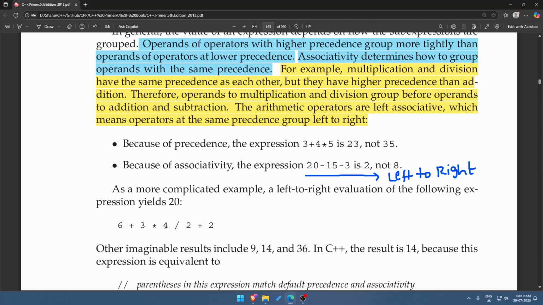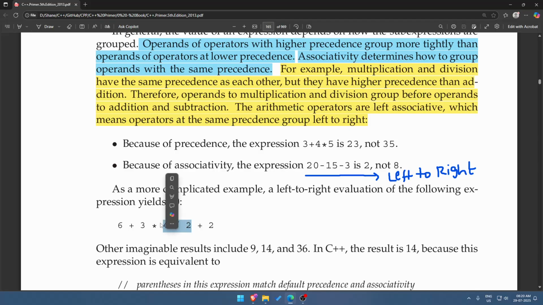Then 6 plus 6 is 12, 12 plus 2 is 14. How is it yielding 20? We are going from left to right.